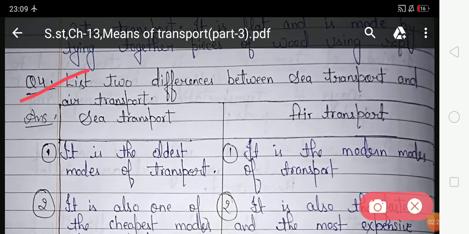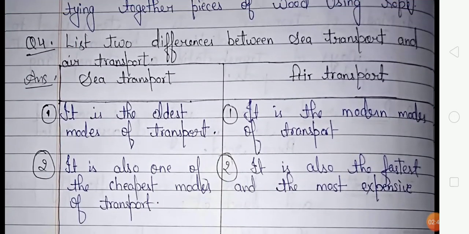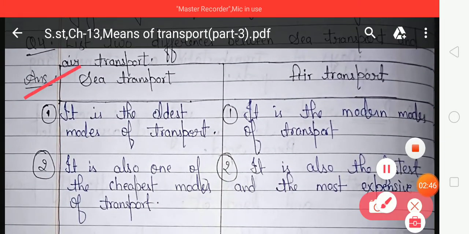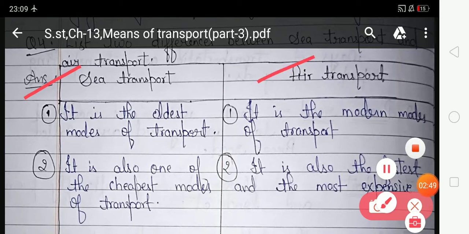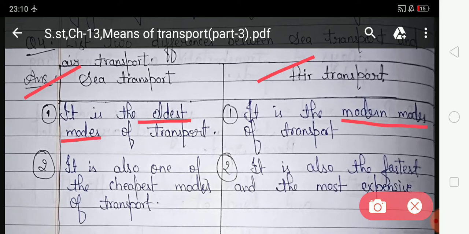List two differences between sea transport and air transport. So students, in this question you have to write about the two differences between sea transport and air transport. Your answer is: the first difference is that sea transport is the oldest mode of transport, and air transport is the modern mode of transport.